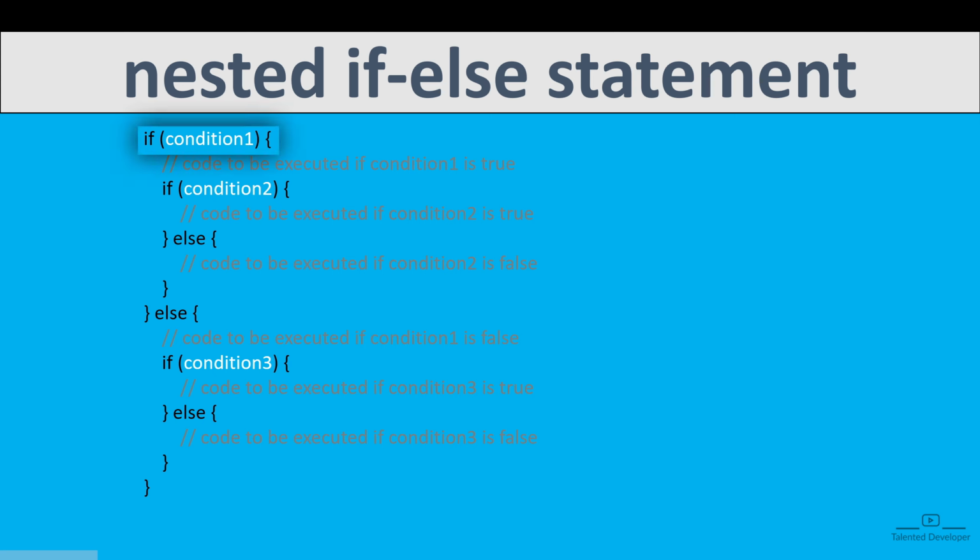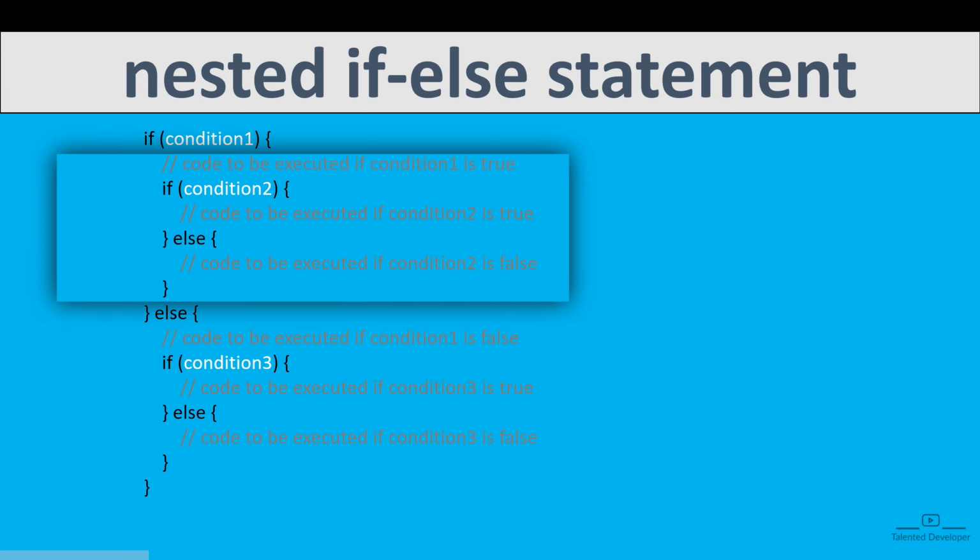Here, condition 1, condition 2 and condition 3 are Boolean expressions. That means we are going to put some kind of condition, and if it is satisfied, then it will go inside that block. So if condition 1 is true, then the code will go inside the first if block and be executed.